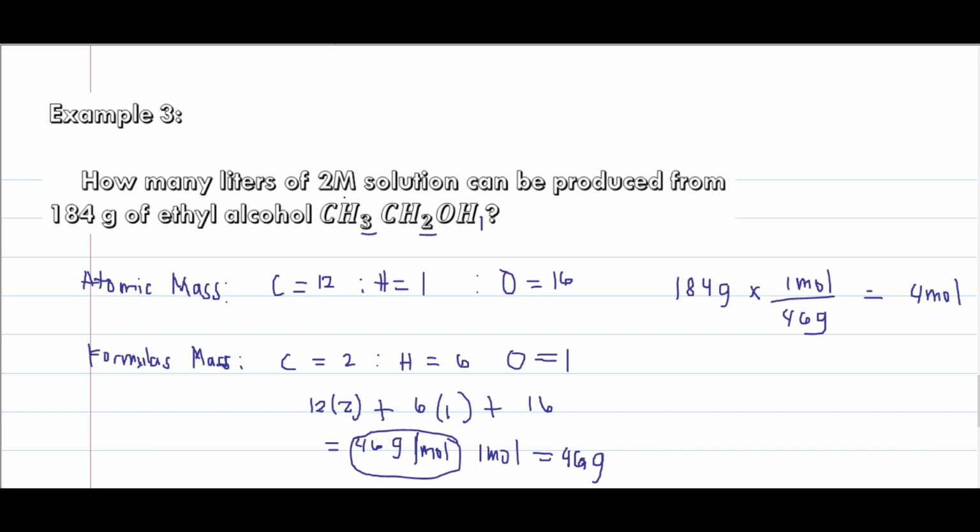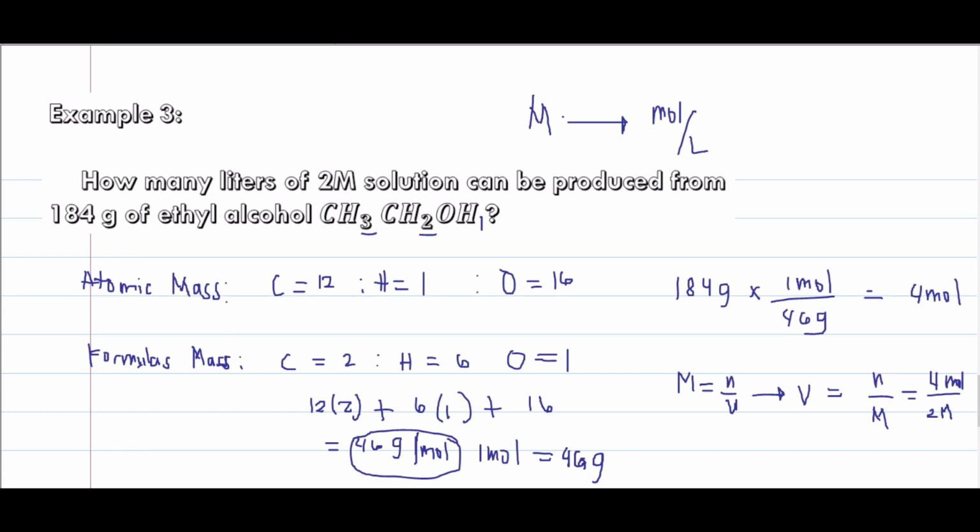Since we are given 2 molar, our formula M equals n over V can be rearranged so that the volume V equals n over M. We substitute the number of moles, which is 4, and then 2.